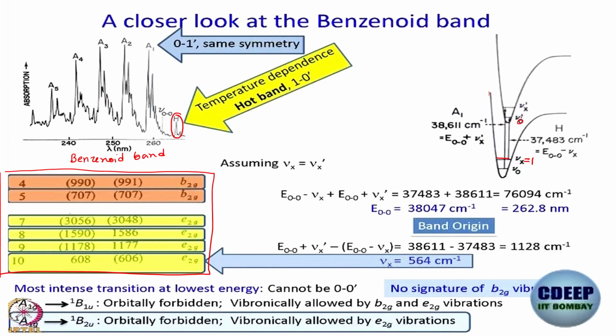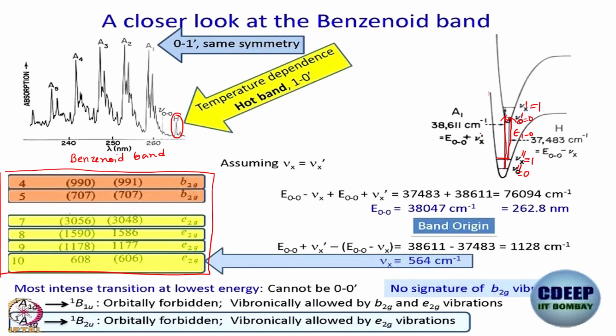This is v dash equals 0, v double dash equals 0, equals 1. So this is your 1 to 0, that is your epsilon 1 to 0. And what about 0 to 0?